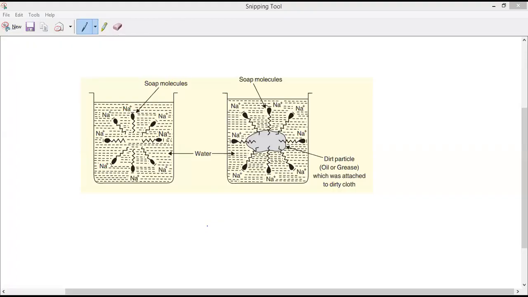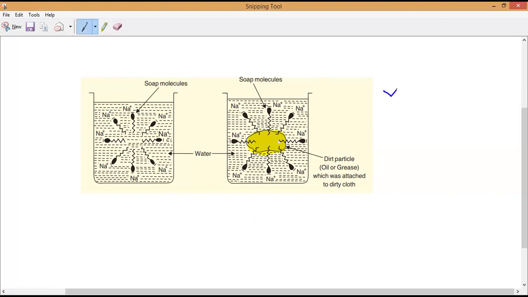Now observe very carefully. I will show you how this structure forms and how the phenomenon takes place. Whenever the soap molecule is dissolved in water, how will it react? You can see the middle part in the second beaker. Anybody can guess what this part is? Oil drop or dirt particle. Basically the soap is represented like this.